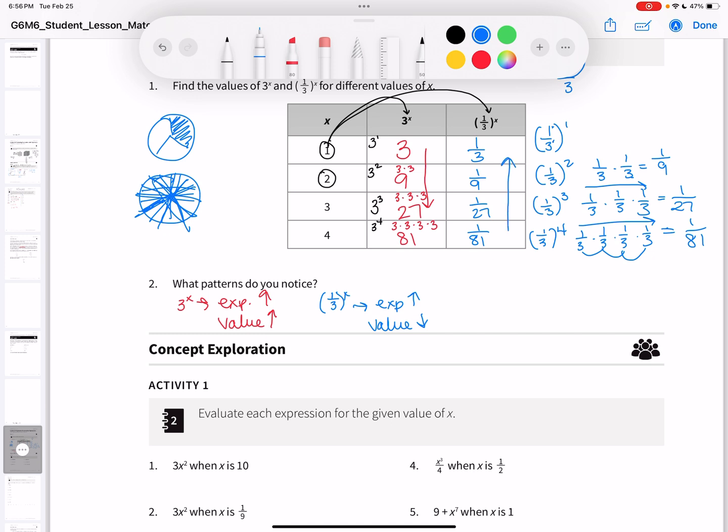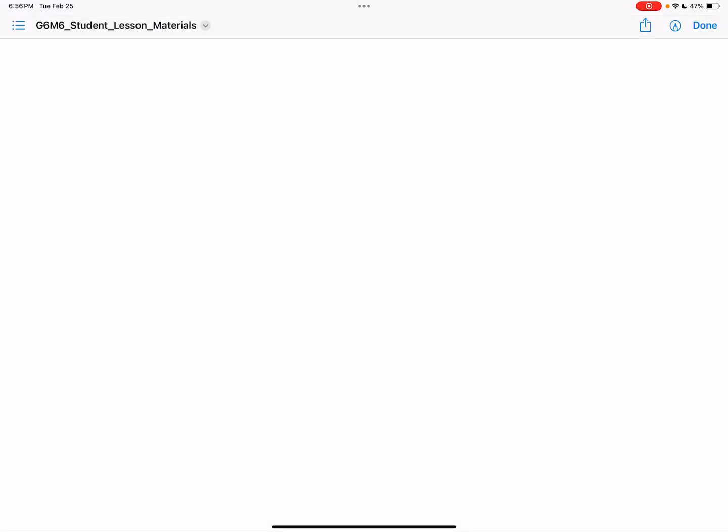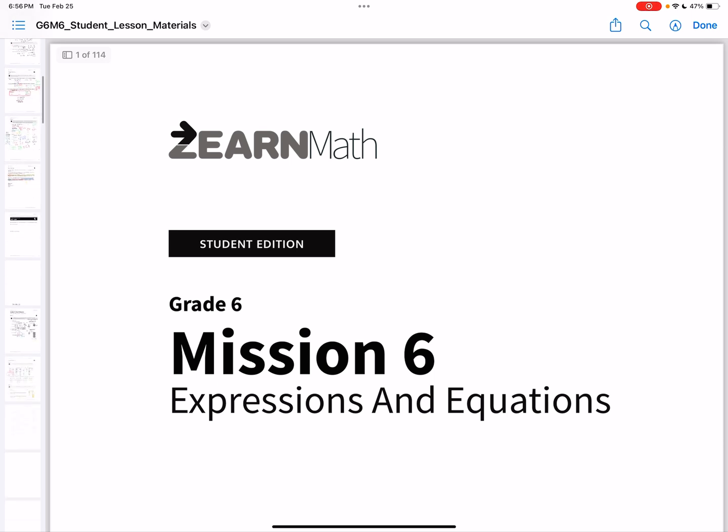Also, you might have noticed that these two columns are reciprocals. A reciprocal is when the number then becomes 1 over that number.